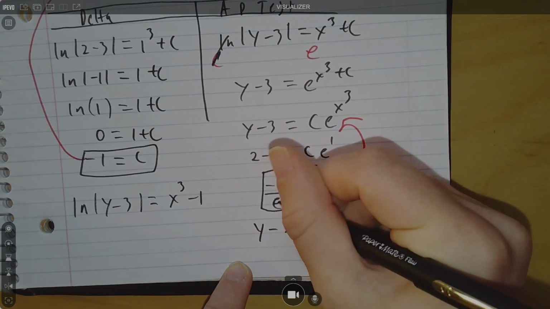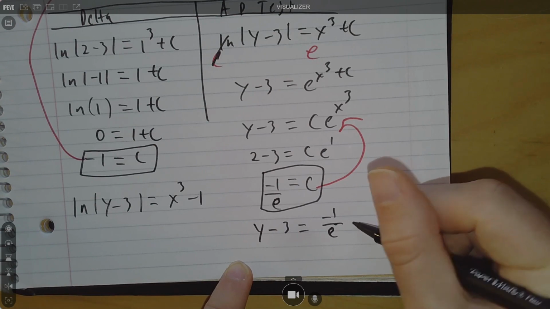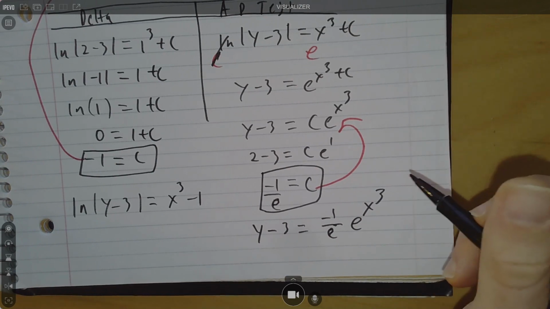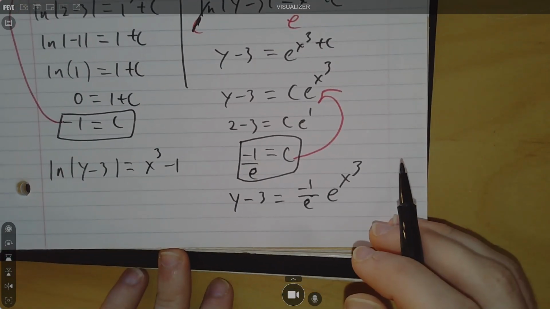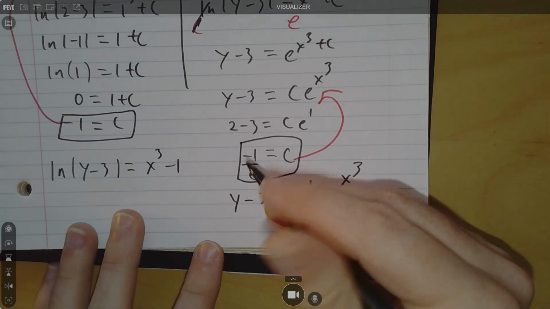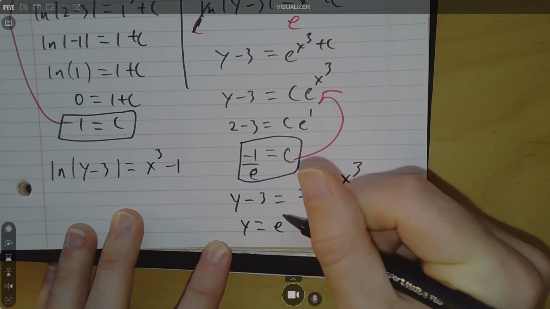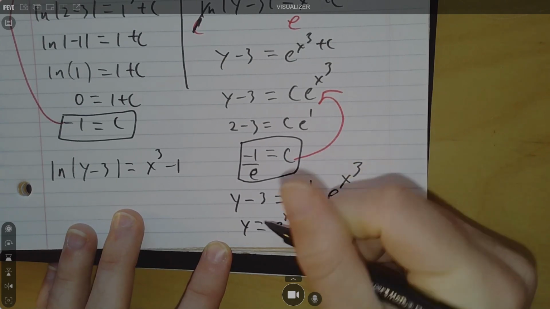It looks so much like a c. When I simplify this, I will get y equals e to the x to the third minus 1 plus 3.